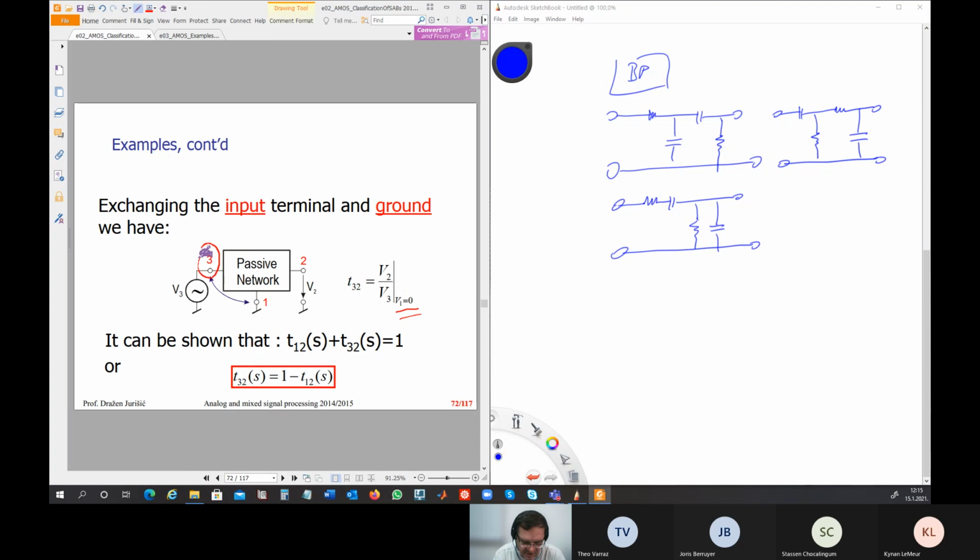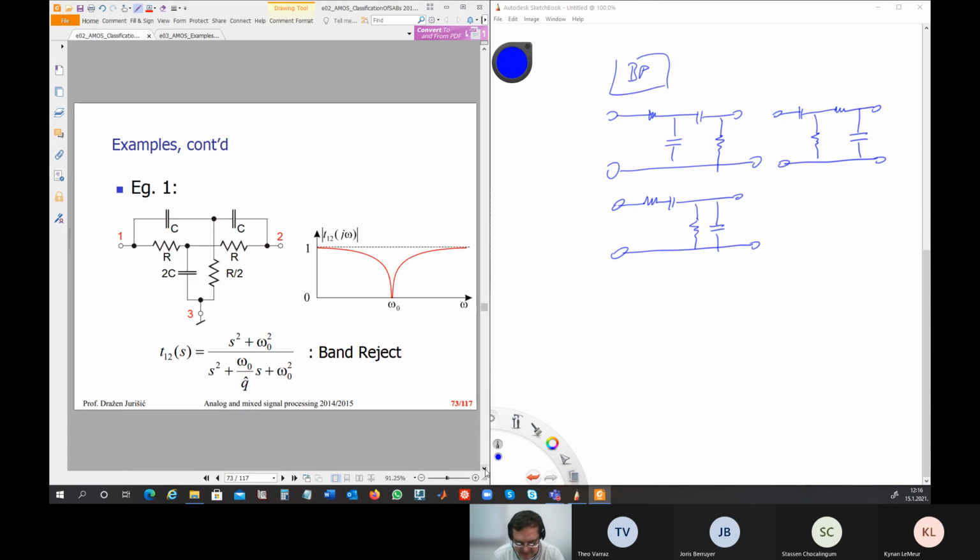So now we have changed these two nodes, and we can very easily show, this is called complementary transfer functions, that T32 is 1 minus T12. This is also possible to prove, but we will not show it here. It's very simple. Okay. This is one example.